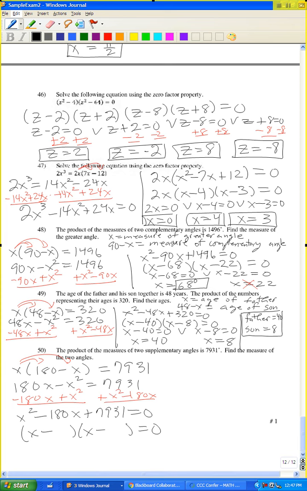So 7931 is divisible by 77, and so that's 103, because that's 77, and that is 7931. Okay, and so set each factor to 0.